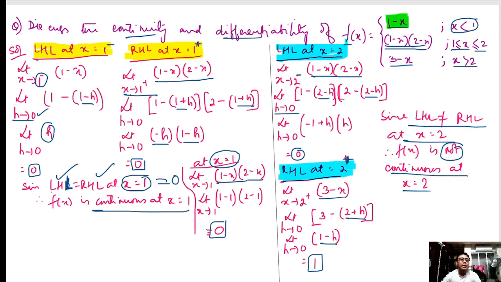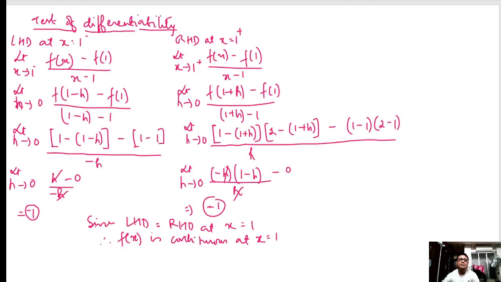Okay, and now we have to test the differentiability. We tested the continuity, and now we will test the differentiability of the function.